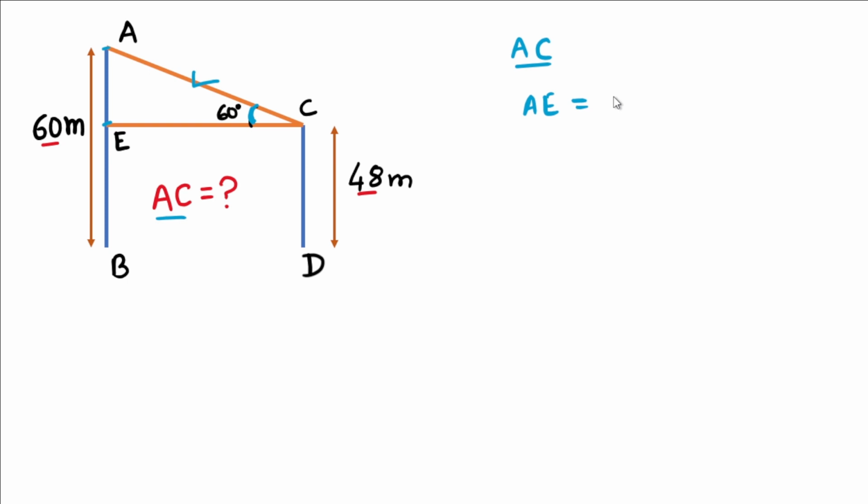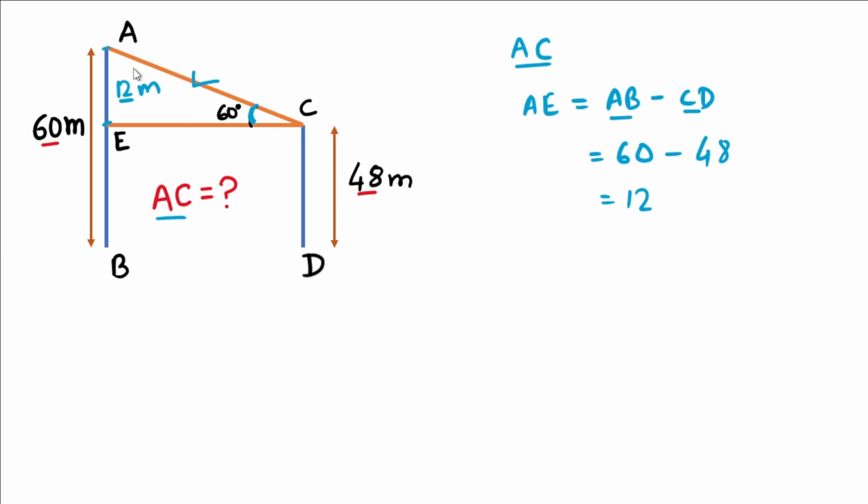So AE is AB minus CD. The value of AB is 60 meters, and the length of CD is 48, so 60 minus 48 is 12. From here we have calculated that the length of AE is 12 meters.